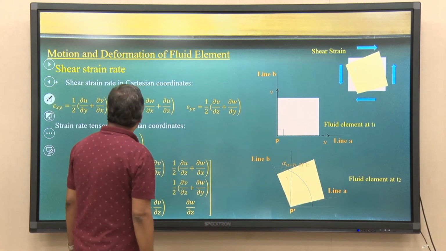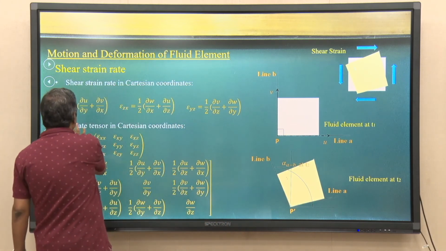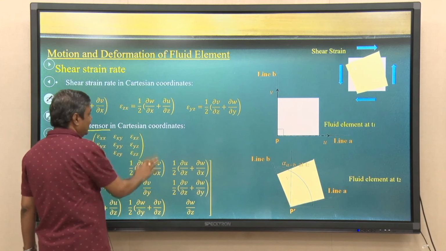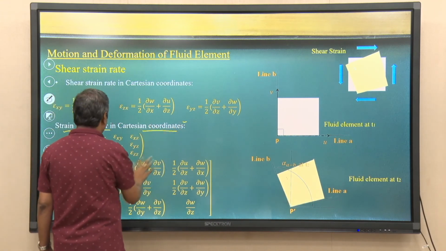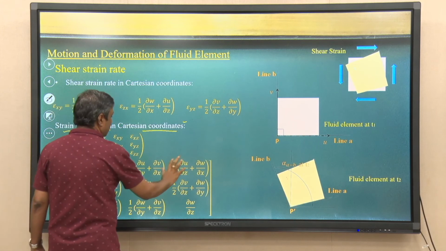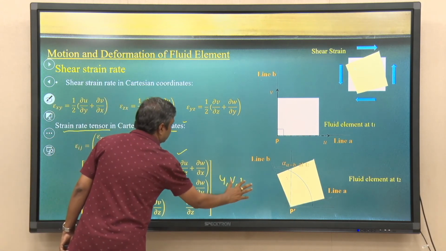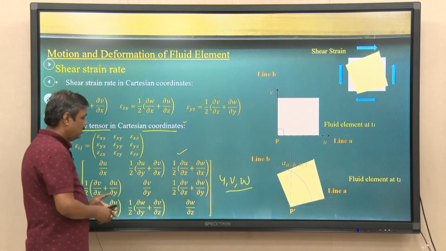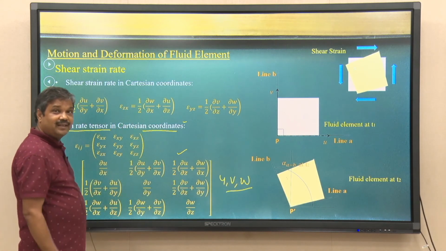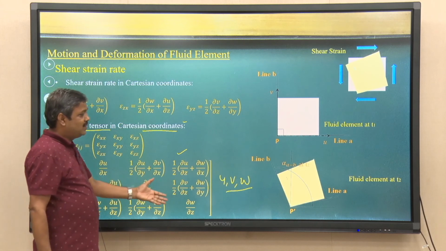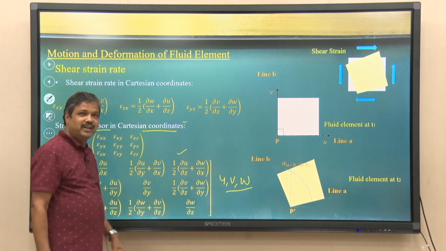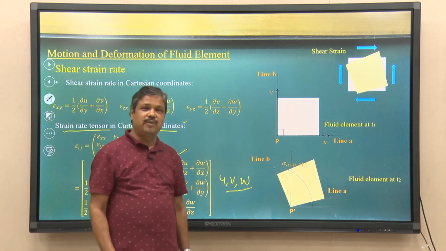What I am highlighting is that the strain rate tensor in Cartesian coordinates we get as a function of u, v, w. No doubt these are partial derivative components. These derivations we already did in the fluid kinematics part.